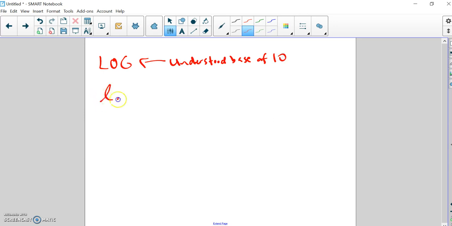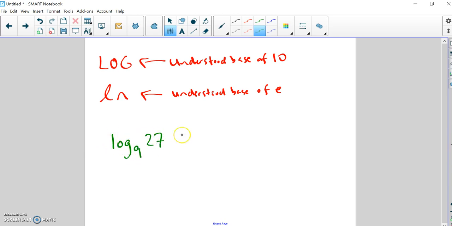And if you just see this button, it's ln. This has an understood base of the letter E. Remember, it's called the natural number. It's 2.71828.